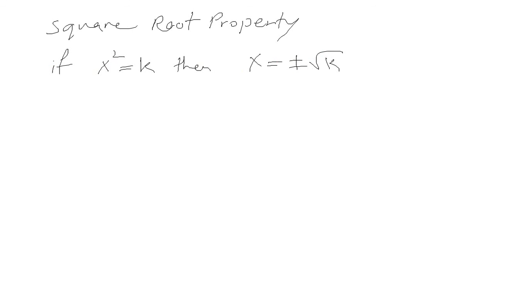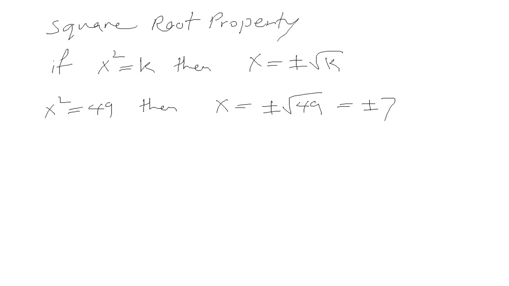For example, if x squared is 49, then x is plus minus radical 49, that is plus minus 7. So x is either 7 or negative 7, and that makes perfect sense. If x squared is 49, then x is either 7 or negative 7.